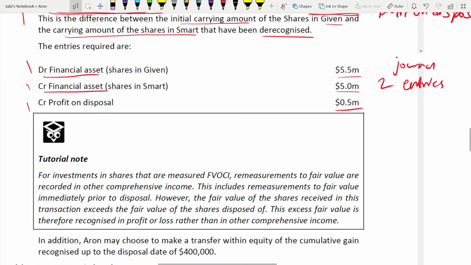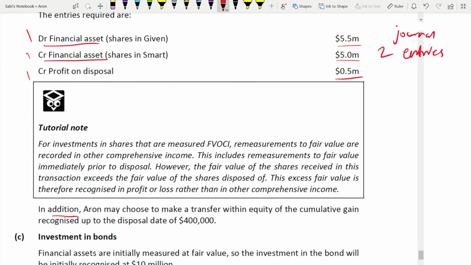1 mark is for what? In addition, they may choose to make a transfer within equity of the cumulative gain recognized up to the disposal date of 400,000. What is the gain there? Already they have a cumulative gain in other comprehensive income. What is it? 400,000. Now they can choose to make that transfer within equity.